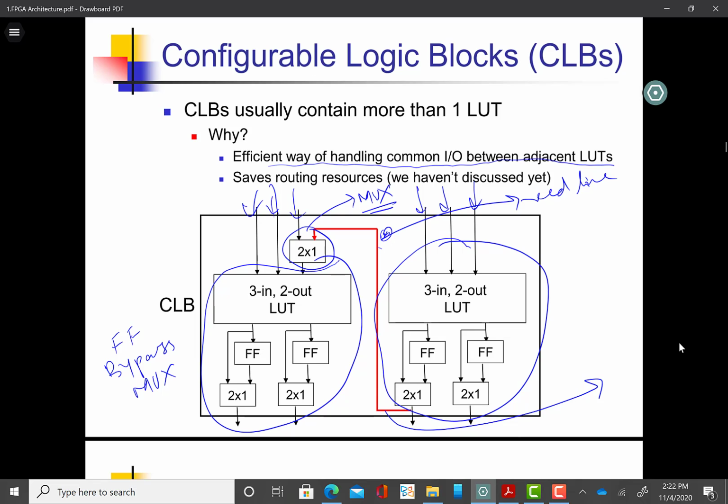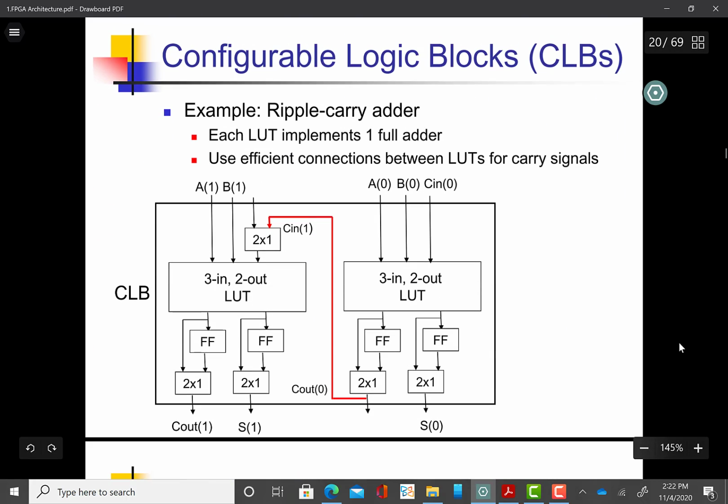If you have for example a ripple carry adder, you are aware of ripple carry adder, you have learned about this in your DLD course and also in your VLSI course. A ripple carry adder is characterized by this chain of carry propagation.